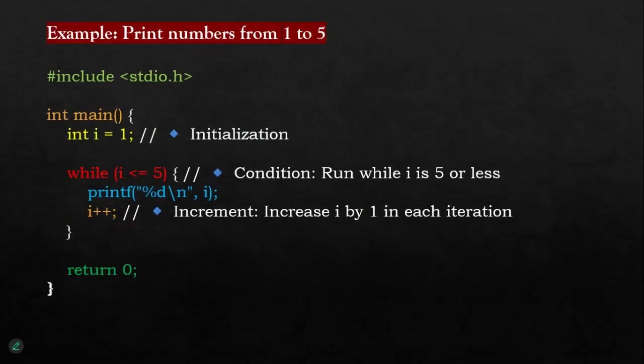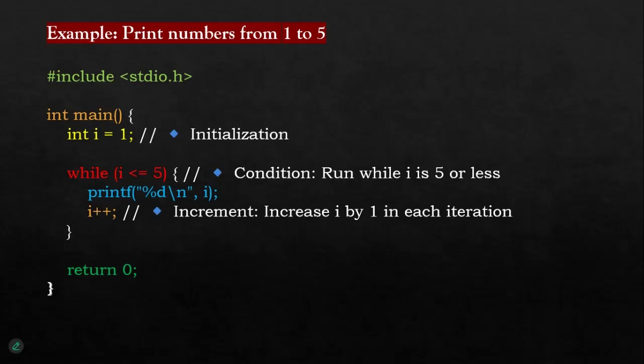Example: print numbers from 1 to 5. So there is a C program where I am printing numbers from 1 to 5. At first the header file, hash include stdio.h, then int main, which is the main function. After that, curly braces open, and then int is a data type, i is a variable, equal to 1, which is the initialization.